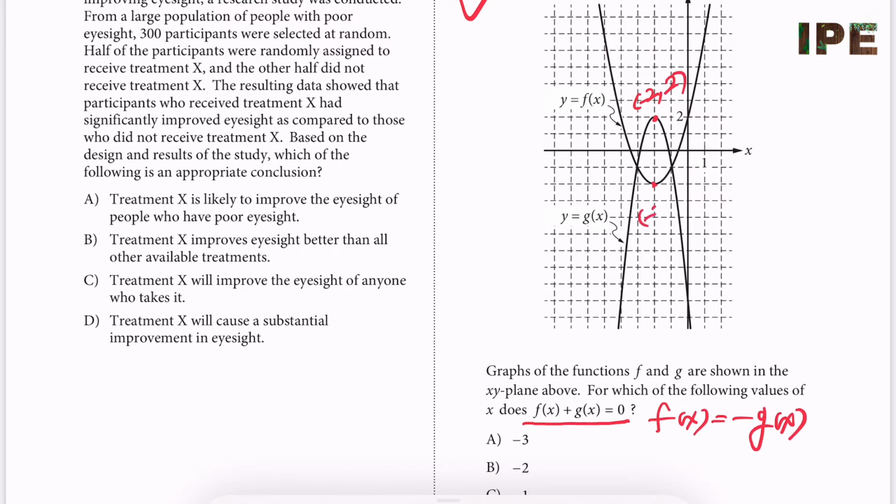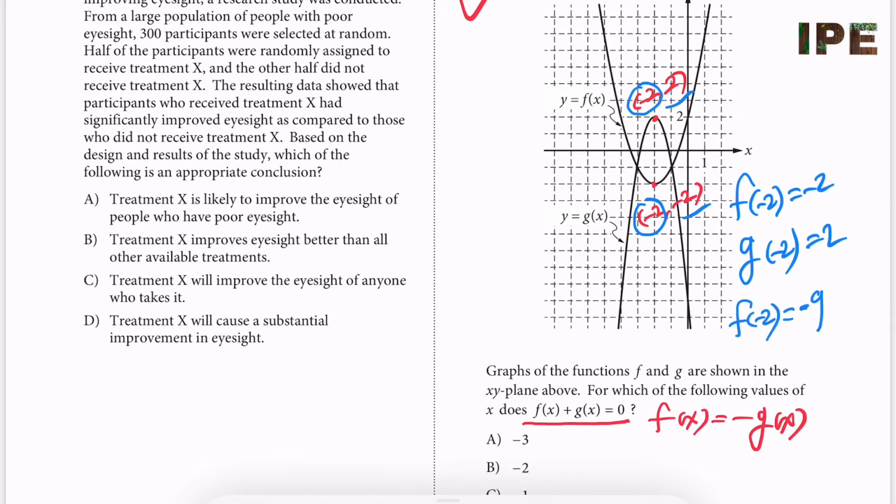This is (-2, -2). What does it mean? At x equals -2, the y values have the same absolute value with different sign. So f of negative 2 is negative 2, because this function is f(x). What about g of negative 2? It's 2. f of negative 2 is equal to negative g of negative 2. You satisfy exactly this equation at x equals negative 2. That makes sense? So negative 2 is the answer.